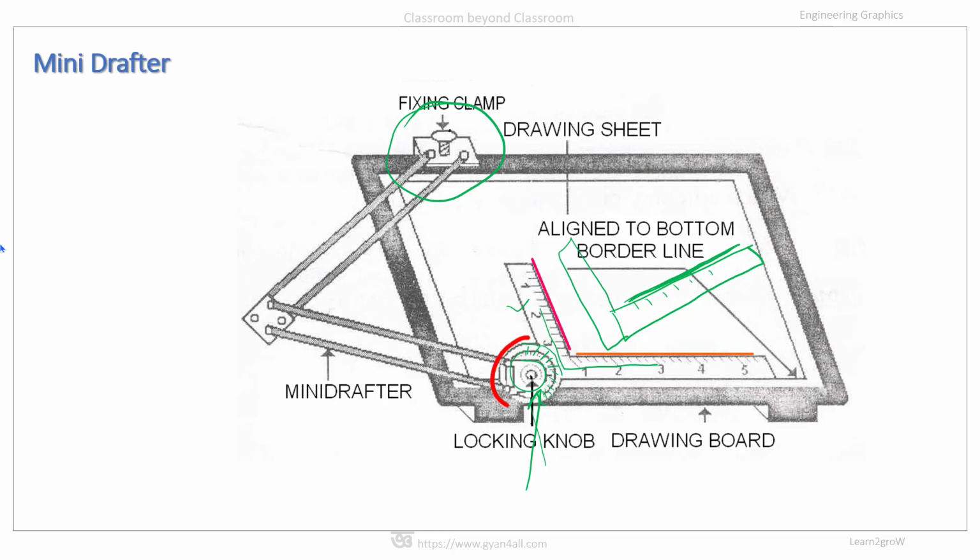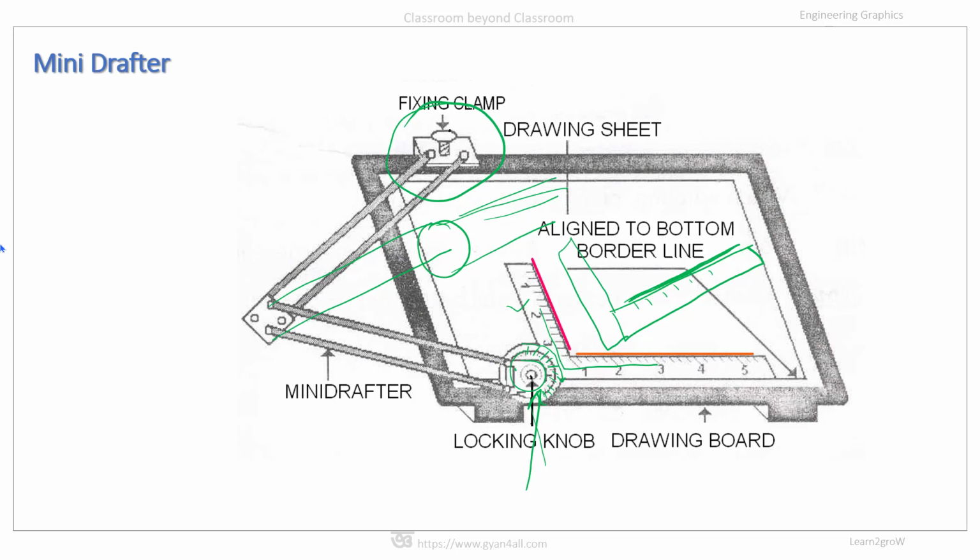Here the angular graduations are there, so accordingly we can set that angle and draw the inclined line at that particular angle. Moreover, this can be taken to any position, say at this position also it can be brought. So if we need a line at this position, we can draw the line.